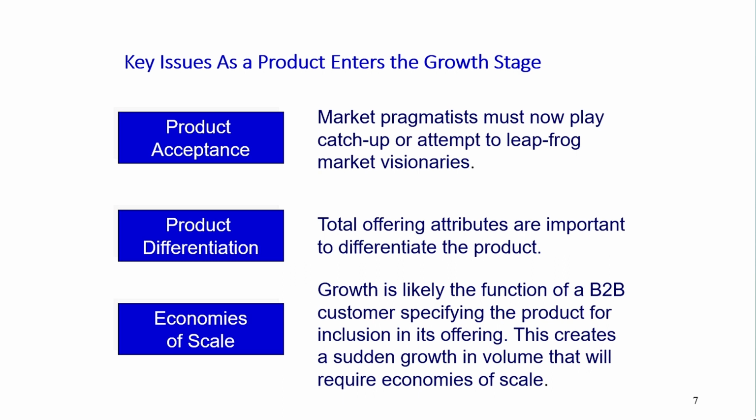Therefore, there will be a lot of importance of customer visits, customer demonstrations, training and technology oriented expositions at this stage, because growth, as rapid a growth as possible, will be the key focus of the marketer at this stage.